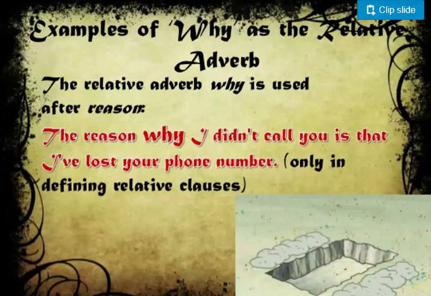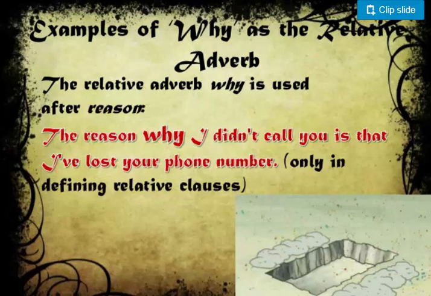Now, here is the example of why as an adverb. The relative adverb why is used after the reason. Whenever you give some reason, you use the adverb why. The reason why I didn't call you is that I have lost your phone number. So it is only used in a defining relative clause because it is important information.